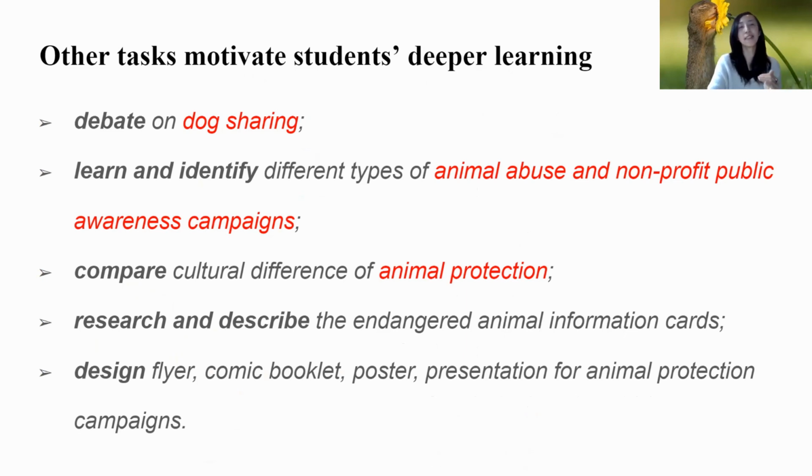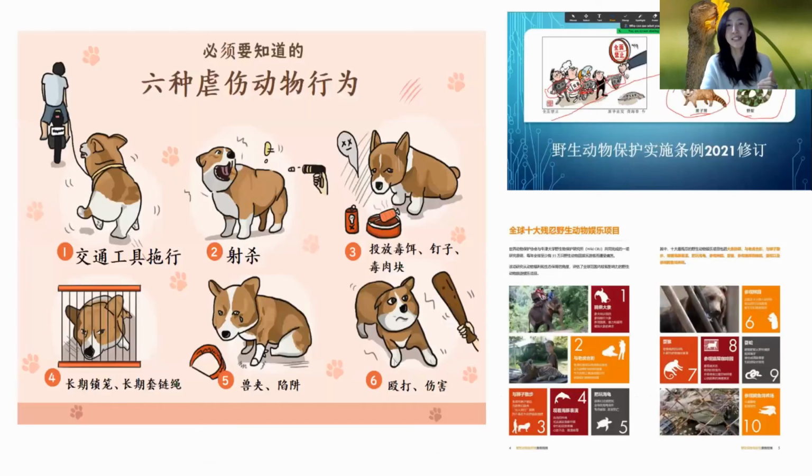They learn and identify different types of animal abuse and nonprofit public awareness campaigns. Like this, we find different kinds of behavior.